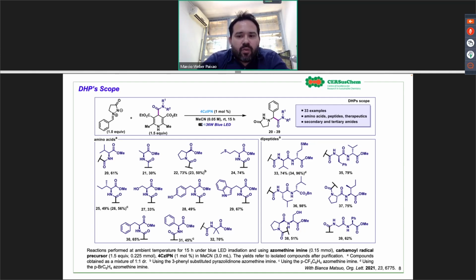To our delight, the reactions tolerate a range of amino acid derivatives, including those containing non-polar side chains, polar uncharged, and aromatic systems, which could be smoothly transformed in good chemical yields. Likewise, non-proteinogenic amino acids from L-phenylglycine and 2-methylalanine were nicely incorporated in this azomethine imine.